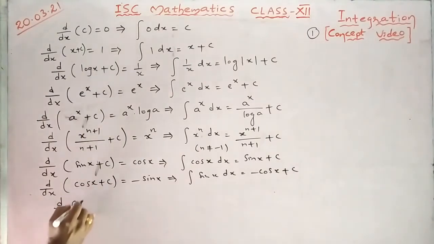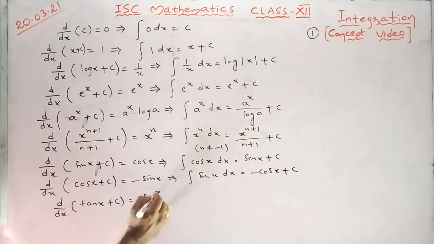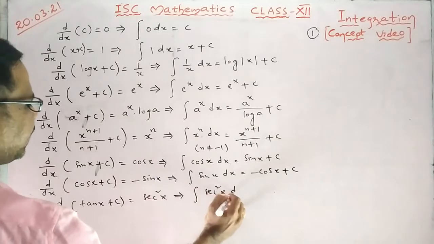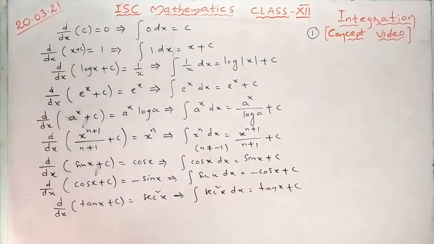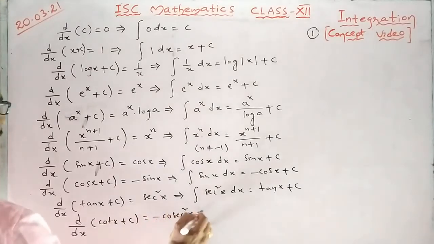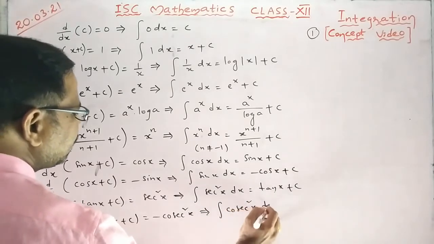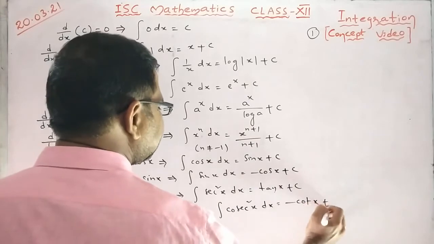Similarly, d by dx of tan x. Tan x derivative is secant square x. Integral secant square x dx means we get tan x plus c. Similarly, d by dx of cot x is minus cosec square x. Integral cosec square x dx equal to minus cot x plus c.